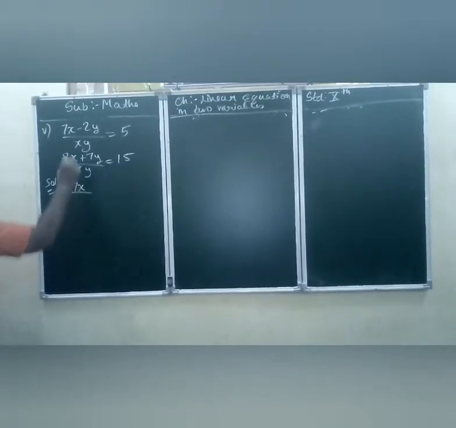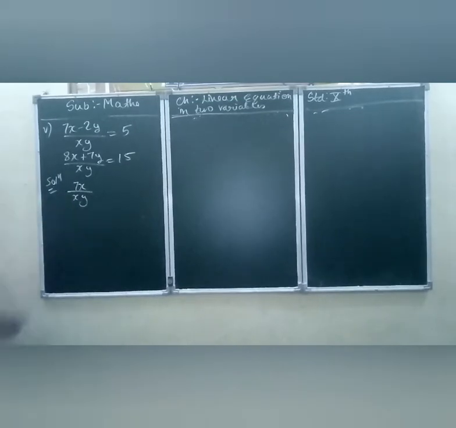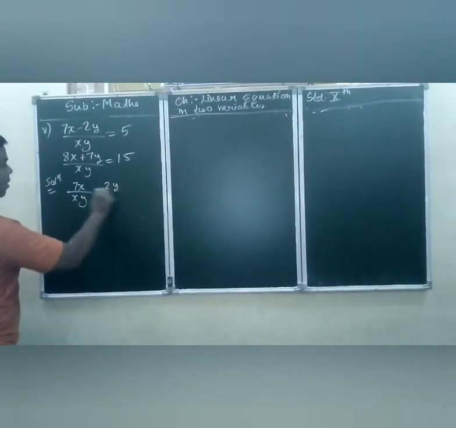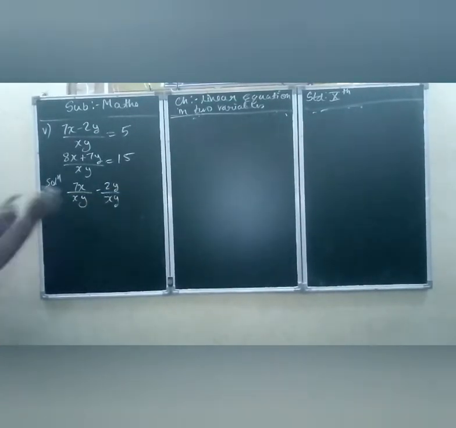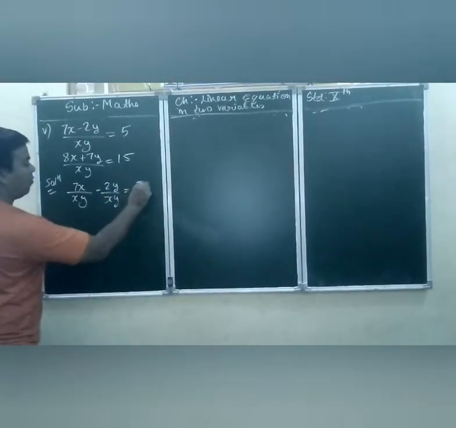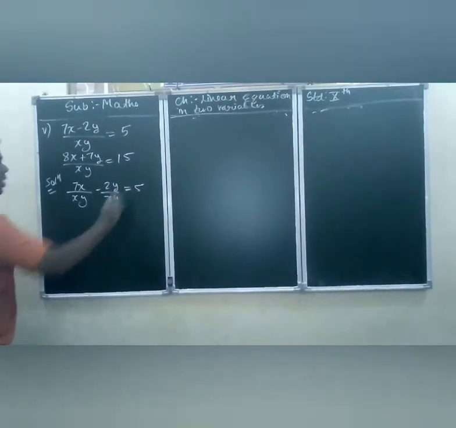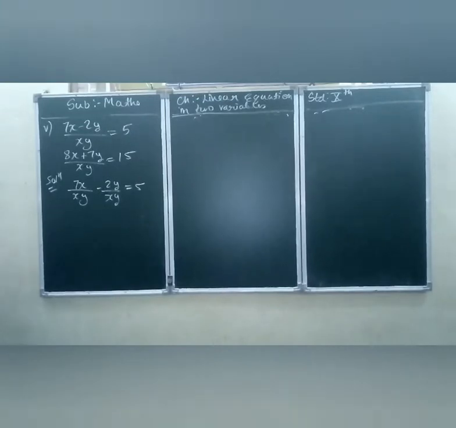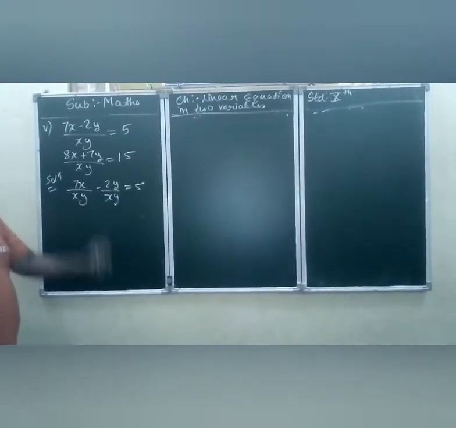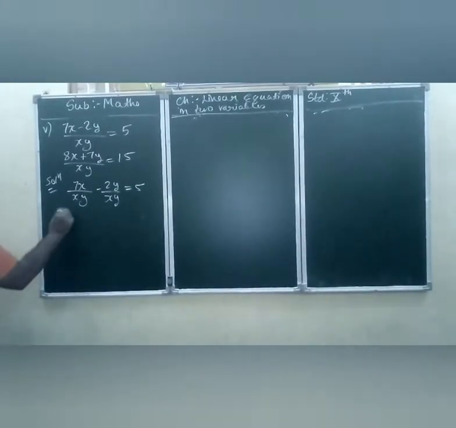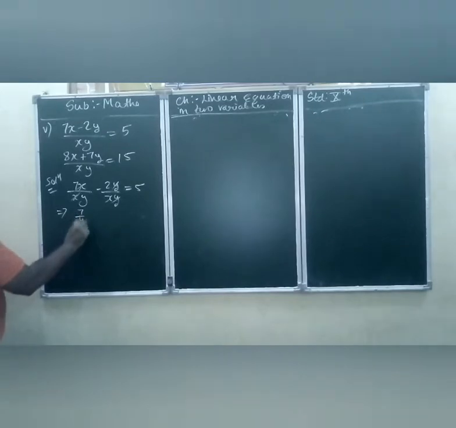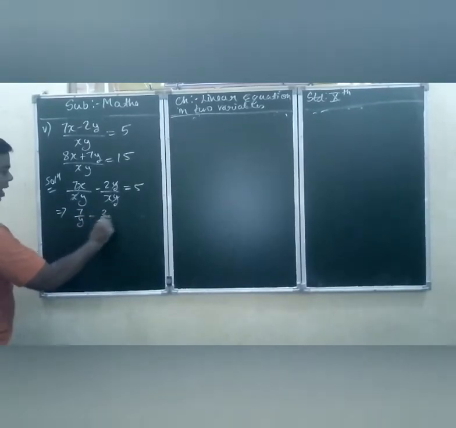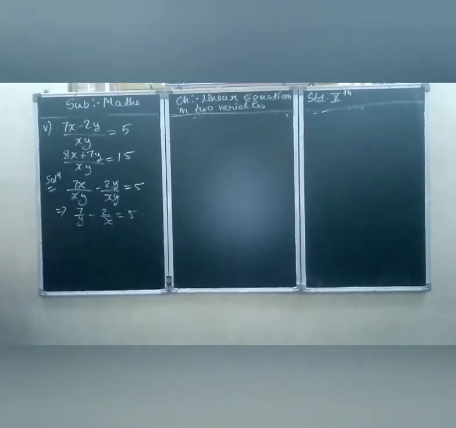First of all, we separate the equation: 7x by xy minus 2y by xy equal to 5. Now the next step is x is cut, y is cut. So 7 by y minus 2 by x equal to 5.